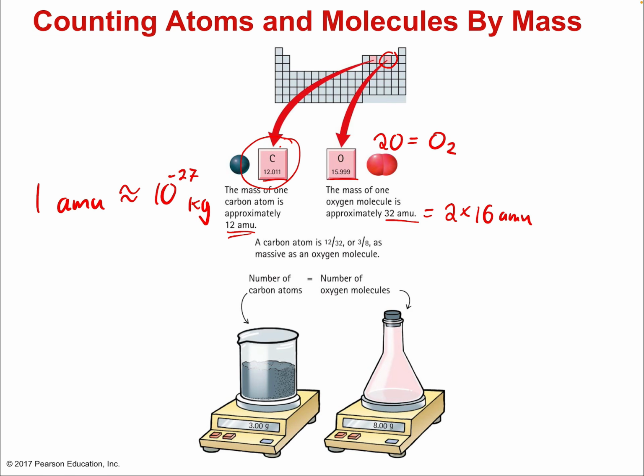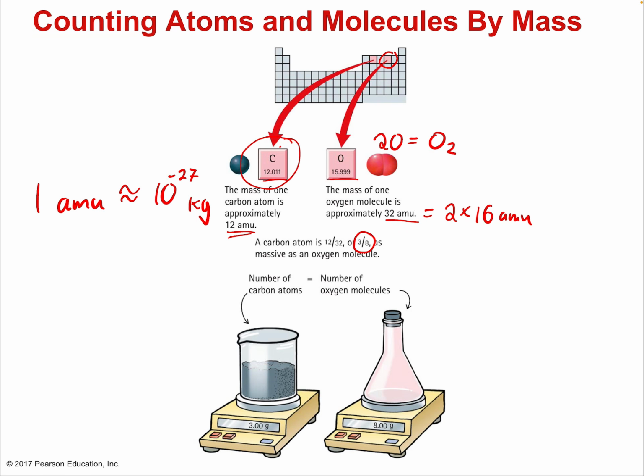It's O2. Okay, so a carbon atom is 12 over 32, or 3/8 as massive as an oxygen molecule. In other words, the oxygen is more massive in its molecular form, significantly more massive. It's over twice as massive as a single carbon atom, because carbon is atomic, it stays by itself.